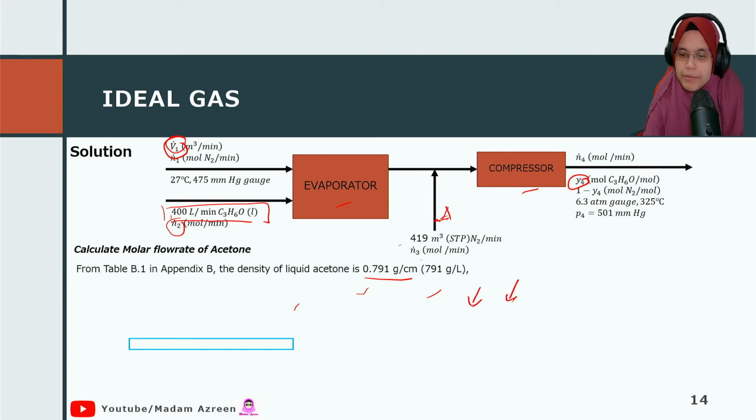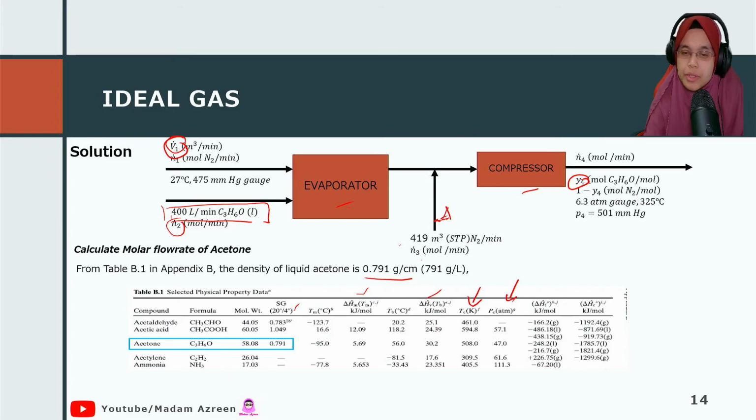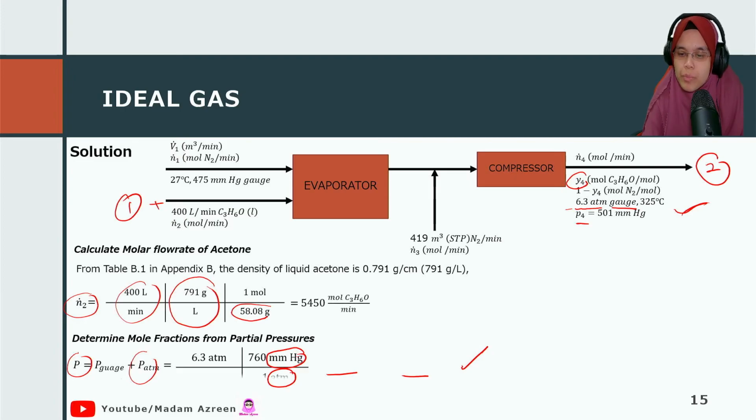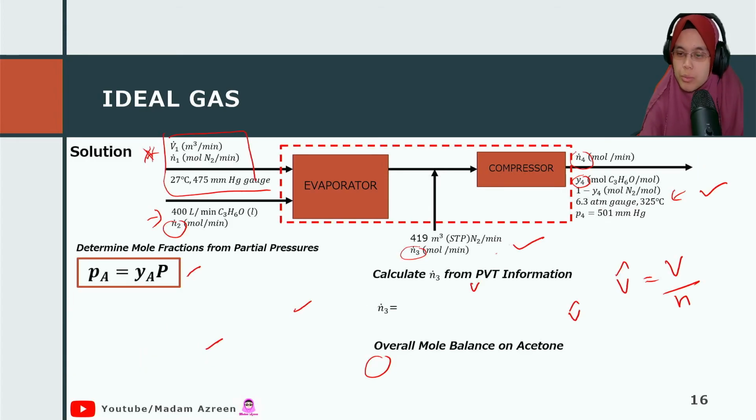So I repeat, the first one, you have to find a specific gravity or a density from table B1 for acetone so that you can calculate the N2. And then from there you start to solve for this stream, whereby you can find the value of Y4, which is the mole fraction. Once you find the mole fraction, you can find the N3.